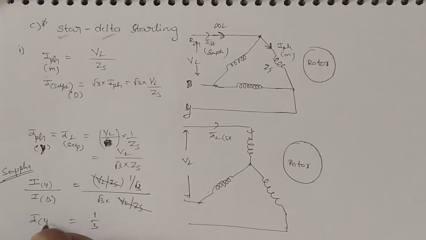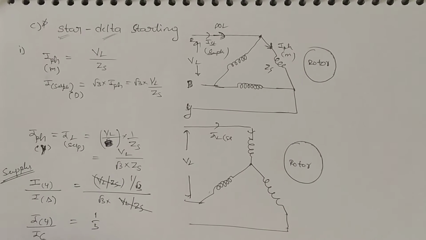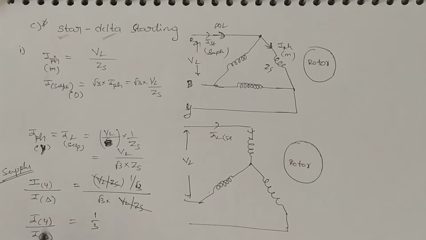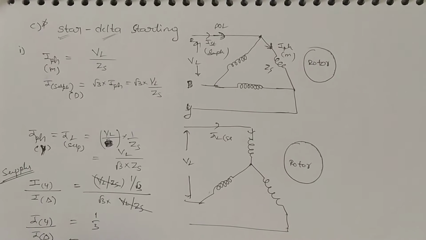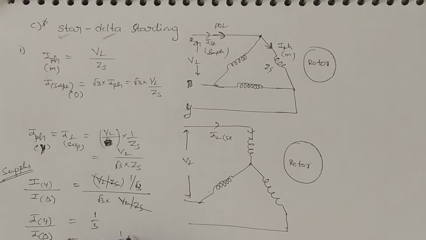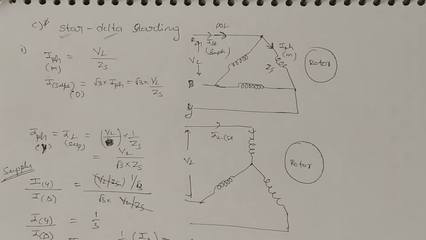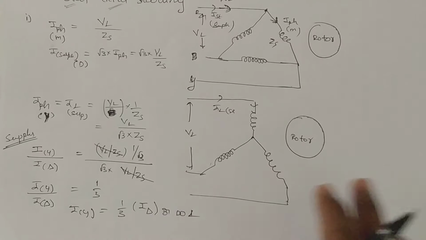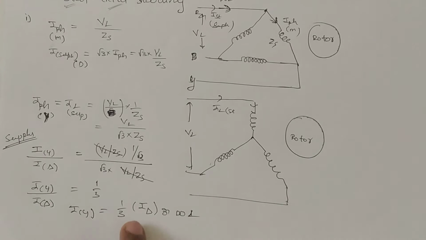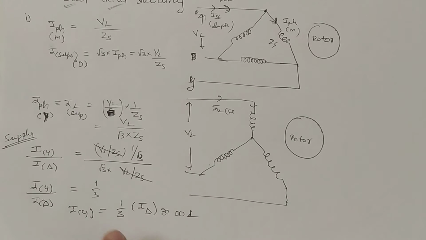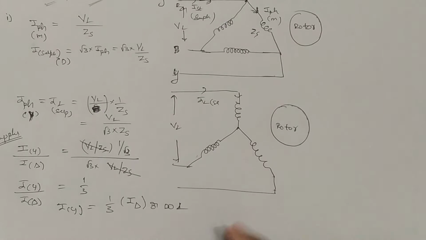So I starting with star is equal to 1 by 3 times I starting with delta or DOL starter. That means the starting current with star is reduced to 1 by 3 times that with delta or DOL.